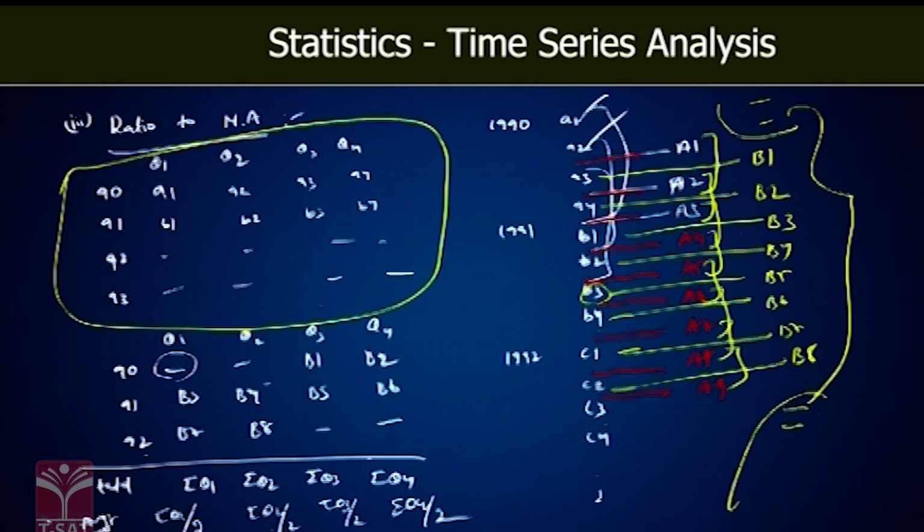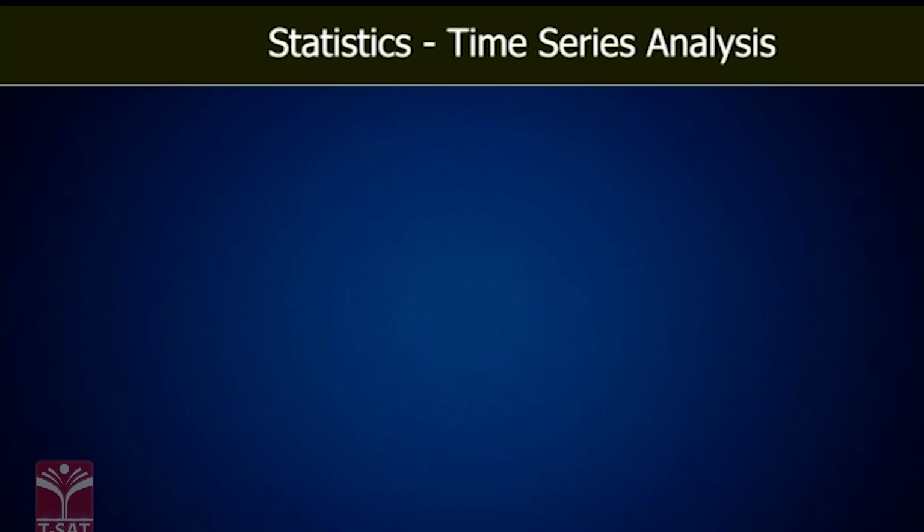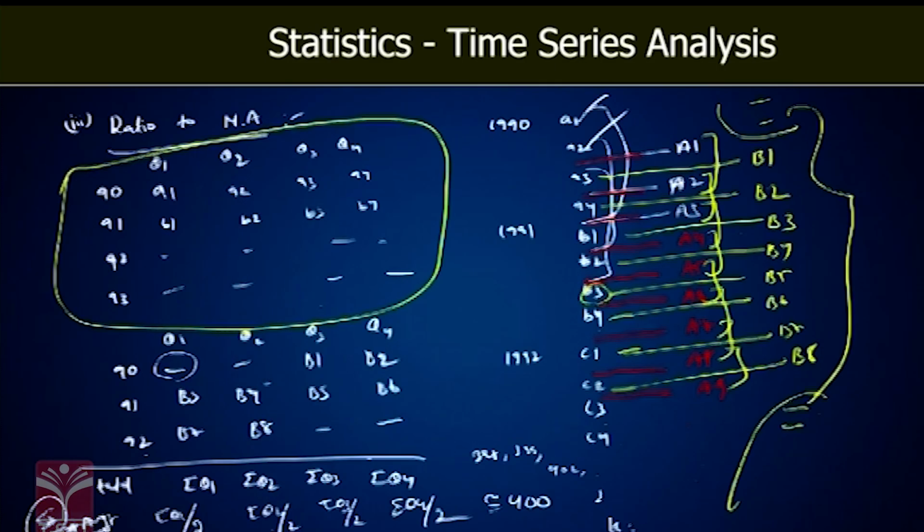These are nothing but our seasonal indices. Now add them; if the sum is equal to 400, your problem is solved. If it is not equal to 400, it may be 398 or 399, or it may be 402, like that, we have to find the k value again. K is nothing but 400 divided by the sum, which is not equal to 400, written as that sum into 100.